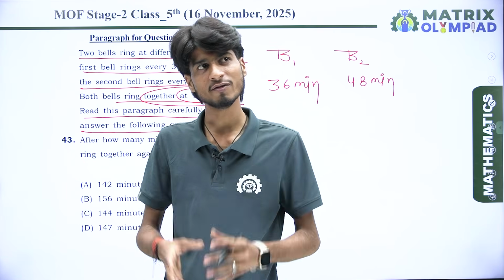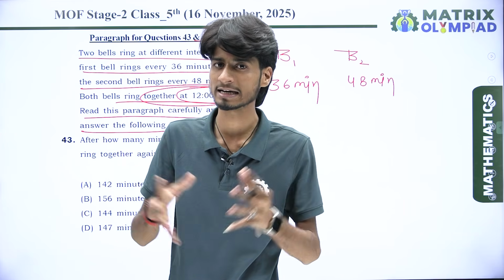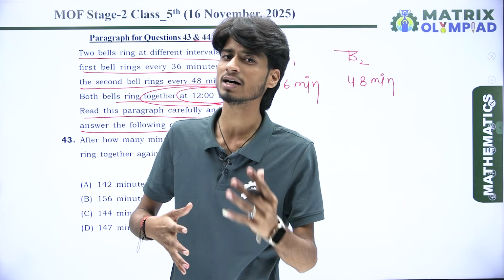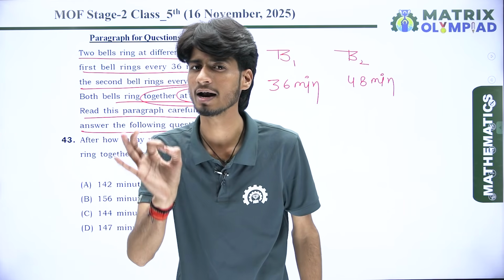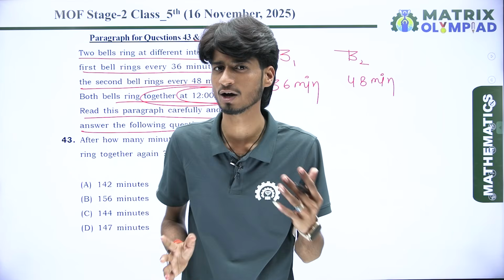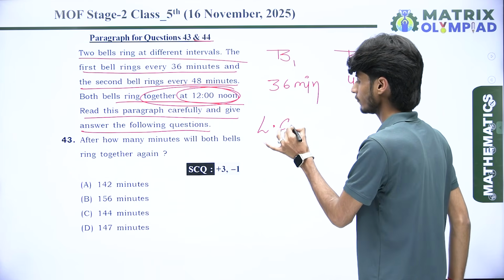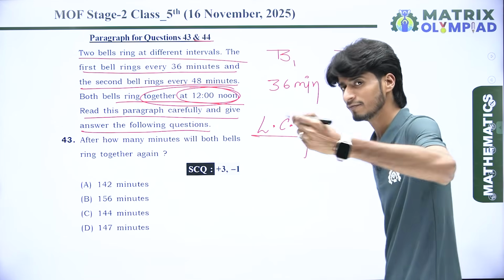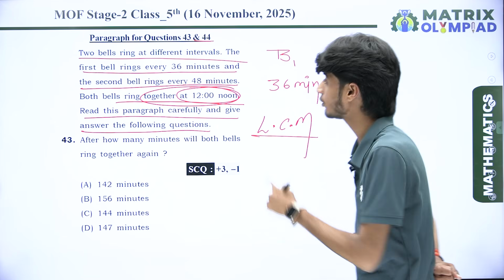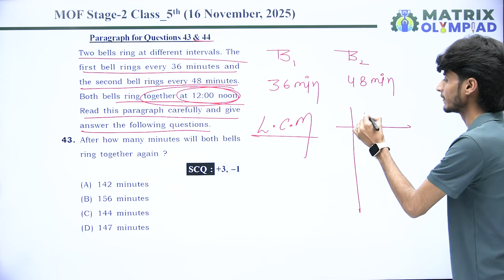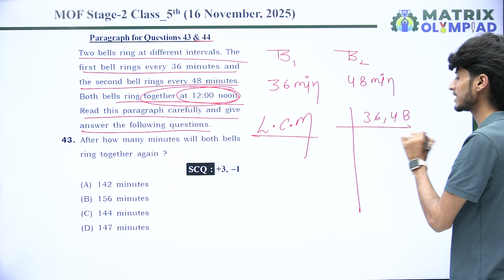Yes or no? Whenever we have two different interval times, how do we find the same time when the bells ring together? How to find it? We calculate the LCM for both of them. Yes or no? So let's find the LCM for 36 and 48, the lowest common multiple.